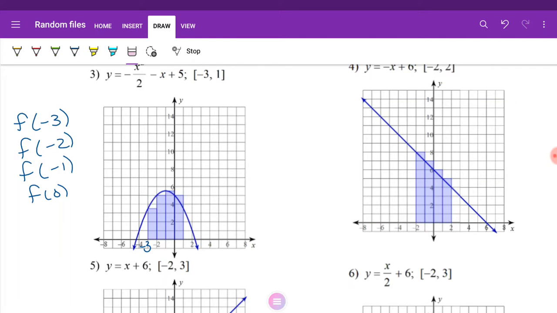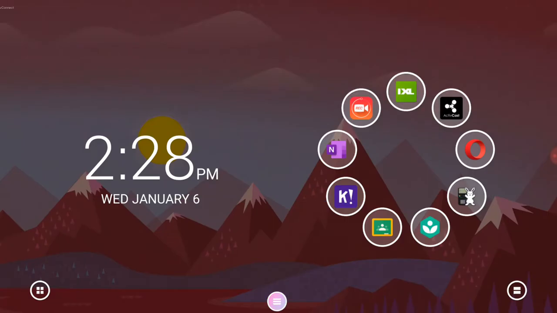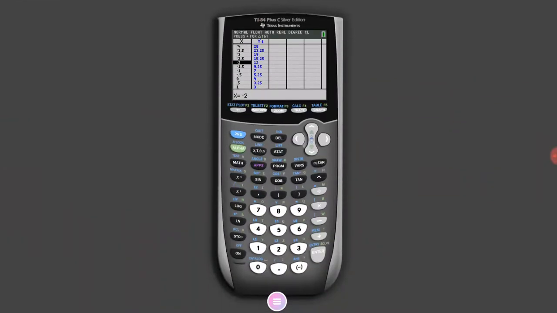Okay, so let's go back to the calculator. Do this one more time, and then I'll just pretend like you know how to do it in the calculator. Negative 0.5 x squared minus x plus 5, table. There you can see when you plug in negative 3, you get 3.5.